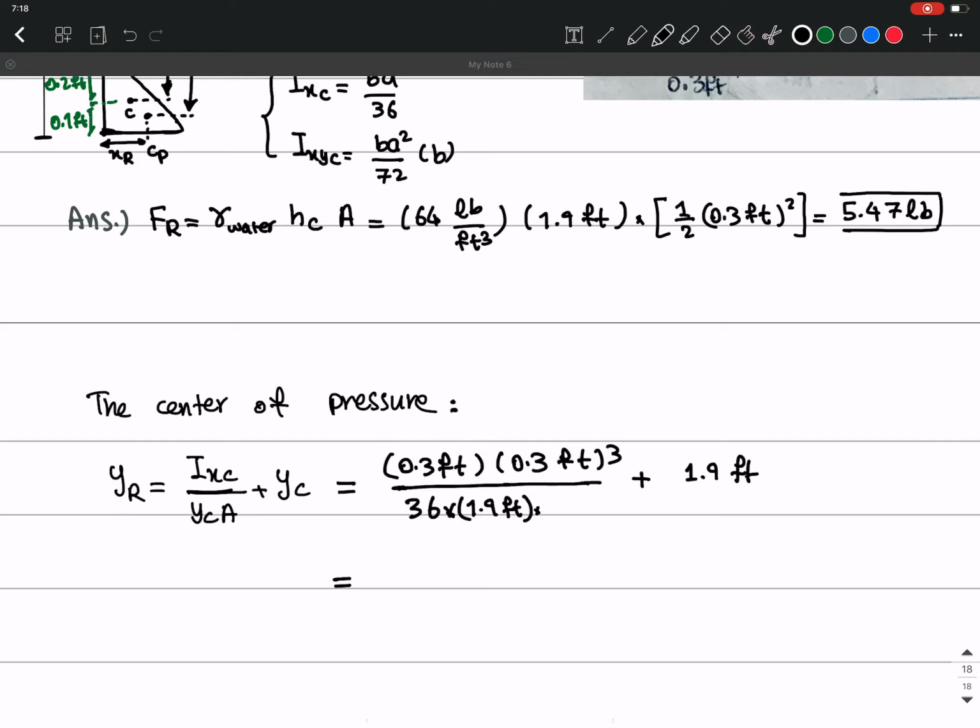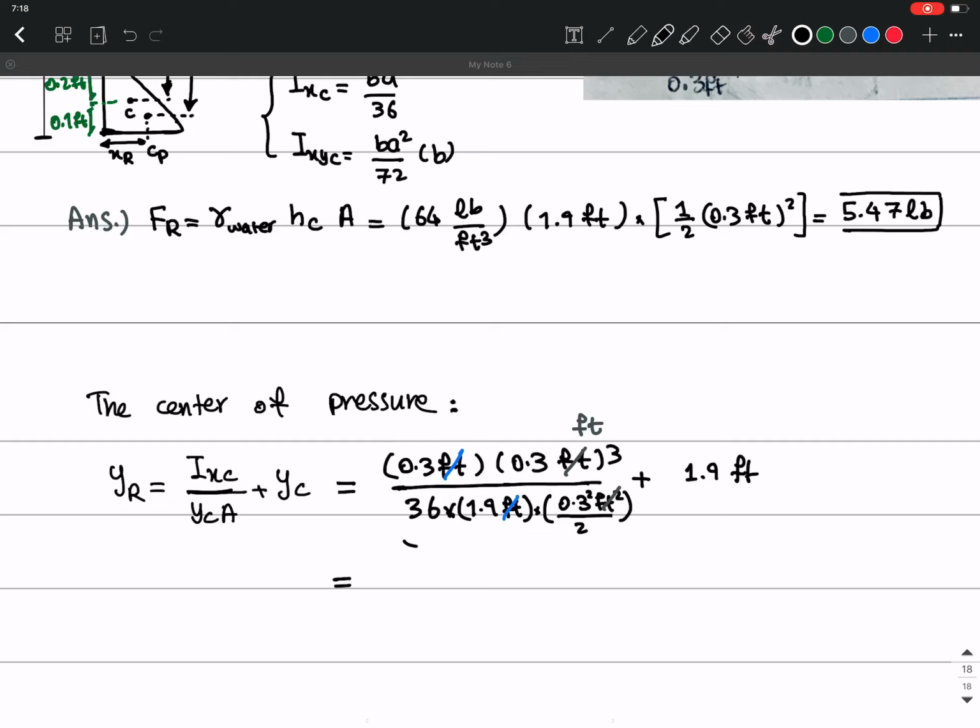And then we have A, which is going to be 0.3 foot squared over 2. Okay, so all these feet are going to cancel out, and you will only have foot here. These two are also going to cancel out. So this means this is correct. This should have the unit of length, which is foot.